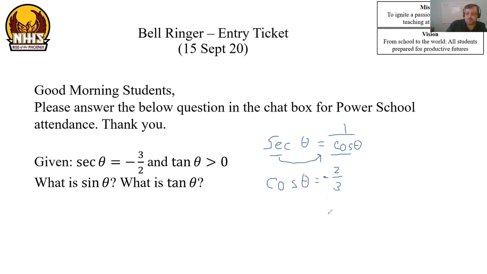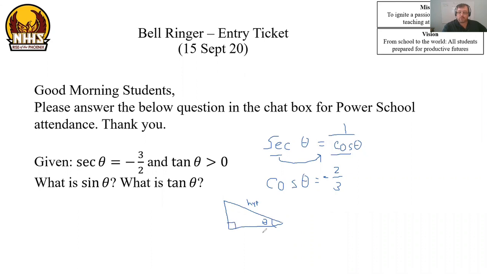Well, if I know the cosine of theta, that's the x value, remember? So let's just draw a triangle. It's not the best drawing, but we'll draw it. Let's call this theta here, we'll just pick an angle, and we'll call this our right angle.